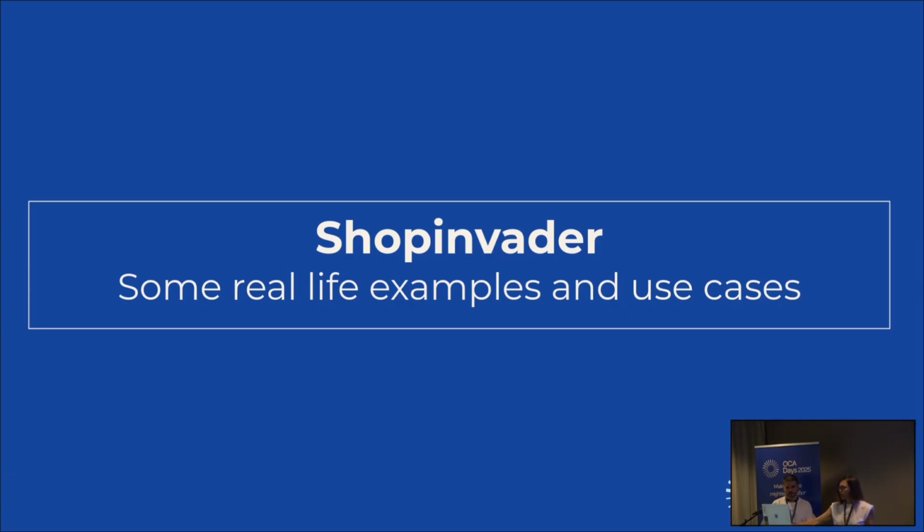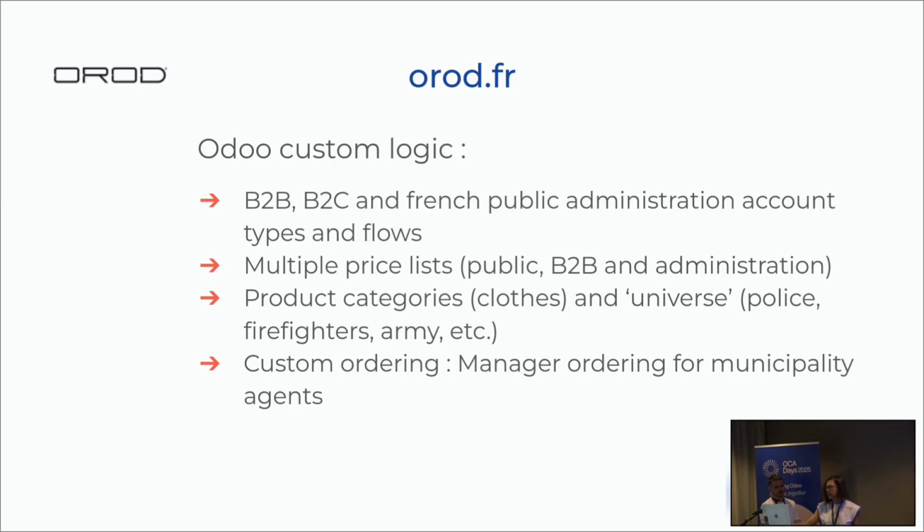So we wanted to show you some real-life examples, some of the websites that we worked on this year. So here is a website selling B2B and B2C products to customers, for French public administration. Maybe I will start the video that we created and I can explain.